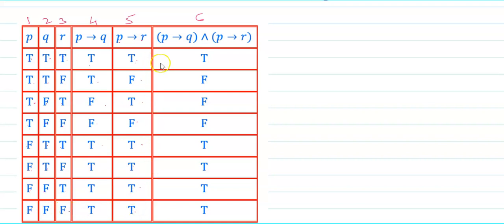Now next we'll find the AND between column number 4 and the 5th. What do we remember for AND? Both of them must be true, then it is true, otherwise false. T and T is T. T and F is F. F and T is F. F and F is F. T and T is T. T and T is T. T and T is T. T and T is T. Now what's happening?